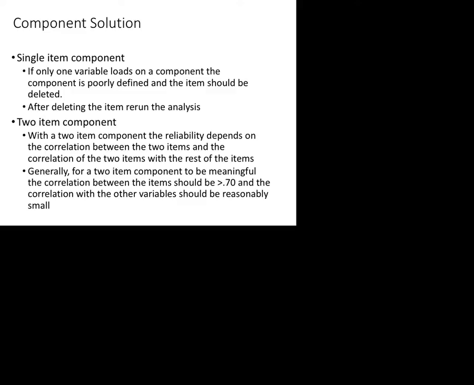If it's less than 0.7, it's probably not reliable, and we probably should remove the variable. I went through, and there's a couple other slides you can take a look at. I did the correlations.